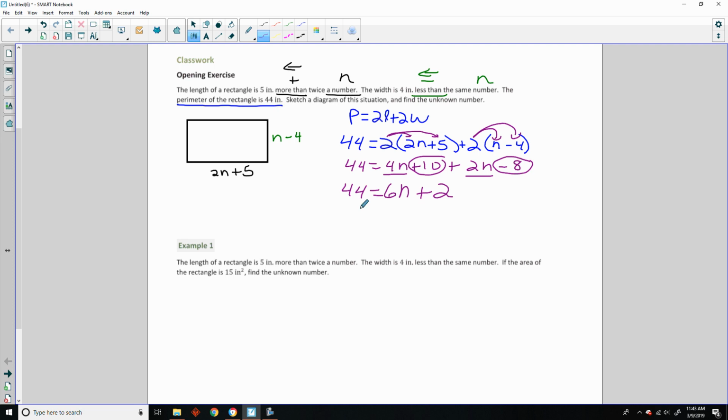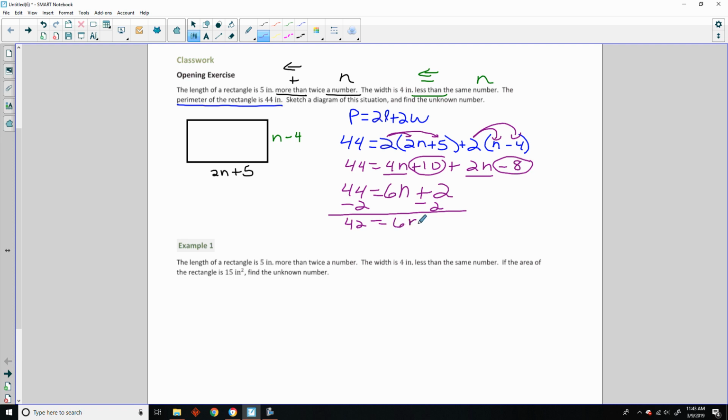Okay, now we're moving stuff over to the other side. So we've simplified as much as we can on the right. We have a linear expression on the right, and I'm going to use SADMAP. So I'm going to subtract 2 from both sides first. And 44 minus 2 is 42.